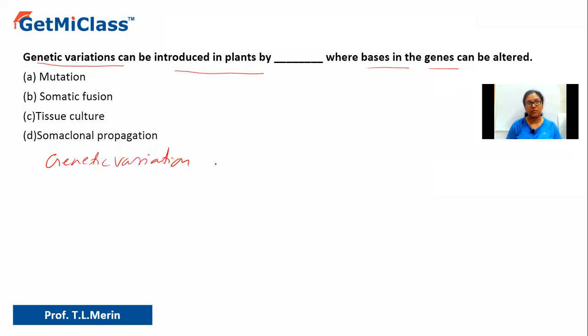That is nothing but variation in the genetic makeup, that is, any kind of change in the genetic makeup. Now the genetic makeup, when we say, it can be with respect to the nitrogen base. When you try to change the nitrogen base, it can bring about change in the genetic makeup, right?